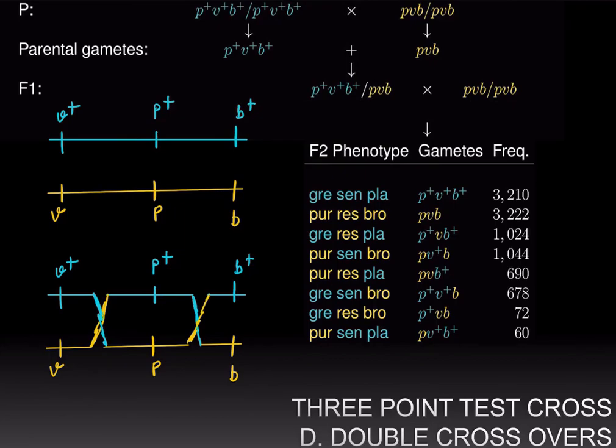As a result of this crossover, one non-sister chromatid is going to have the genotype V plus P B plus, and that's here, V plus P B plus.